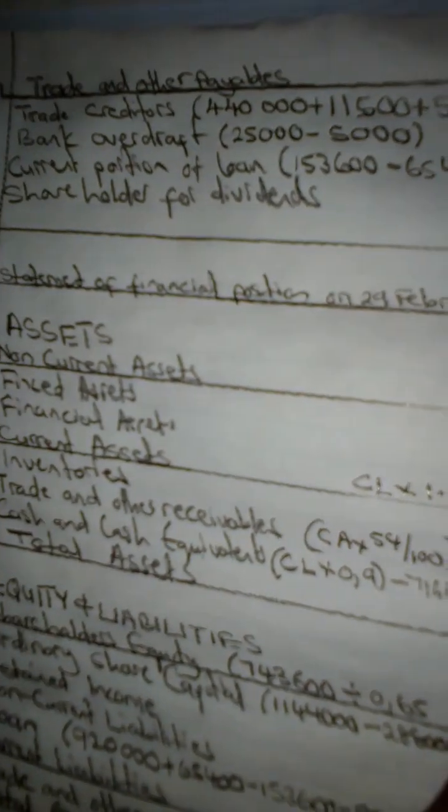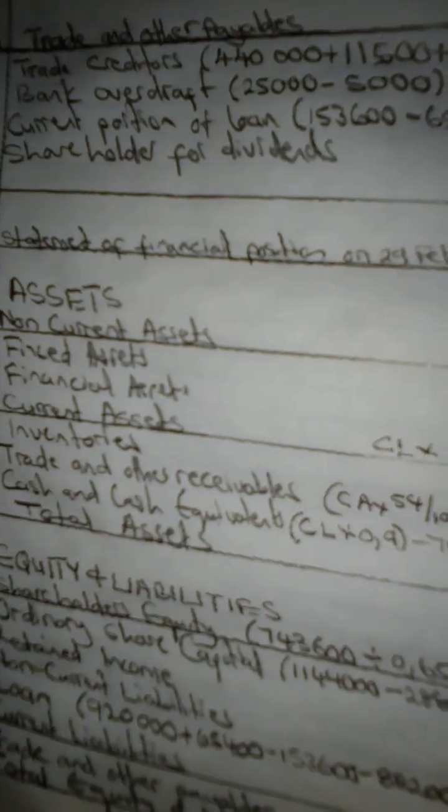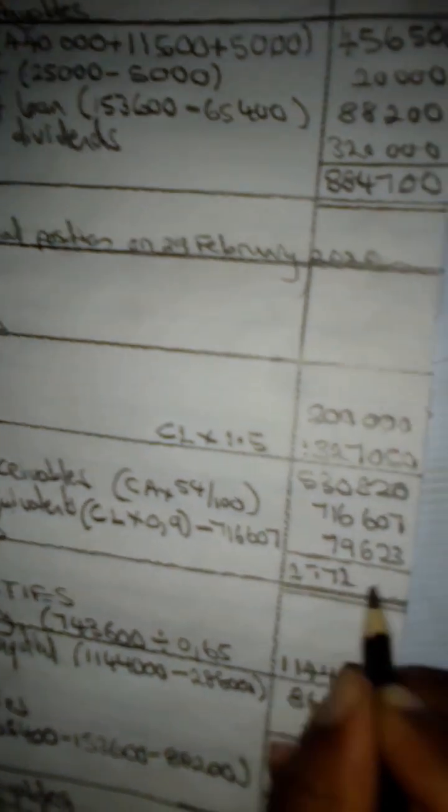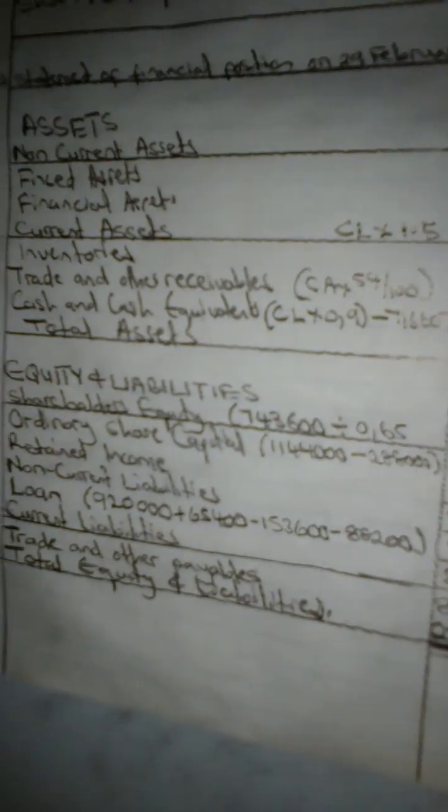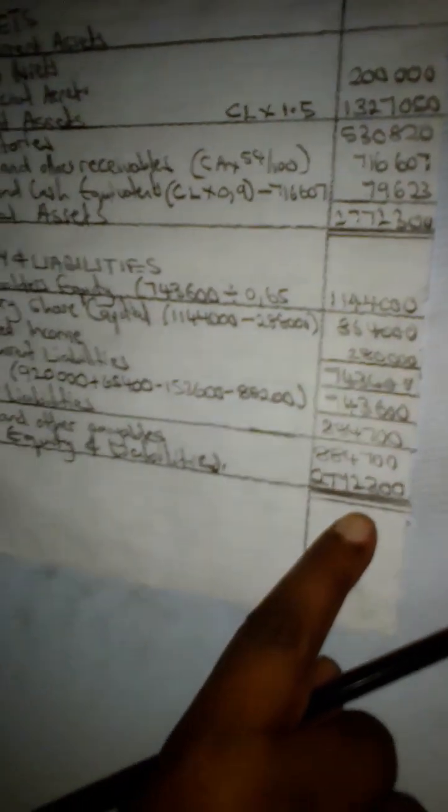Okay, this is a balance sheet. Automatically, we already know that our total assets are supposed to be equal to the total equity and liabilities. So here we are also going to have 2,772,300.